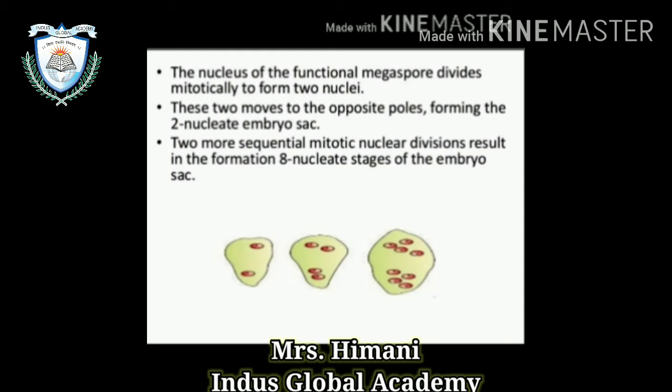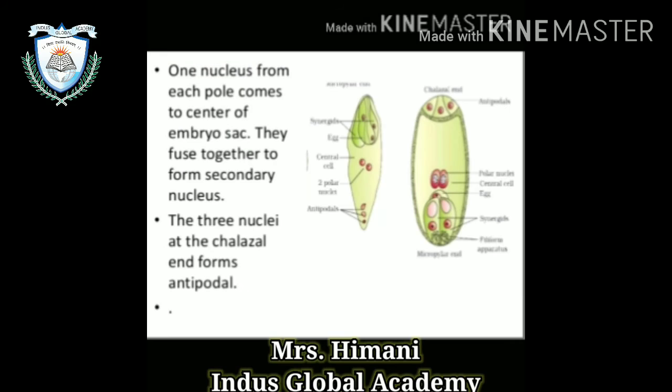Two more sequential mitotic nuclear divisions result in the formation of the 8 nucleate stage of the embryo sac. See in the picture? One nucleus from each pole comes to the center of the embryo sac to form the central cell. They fuse together to form the secondary nucleus.